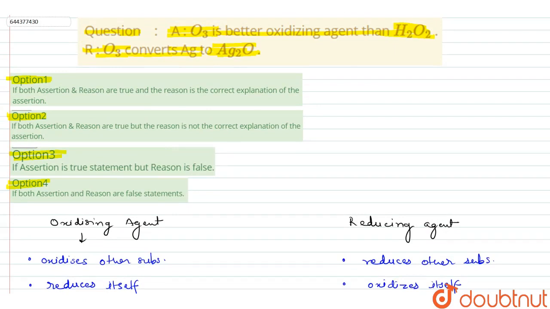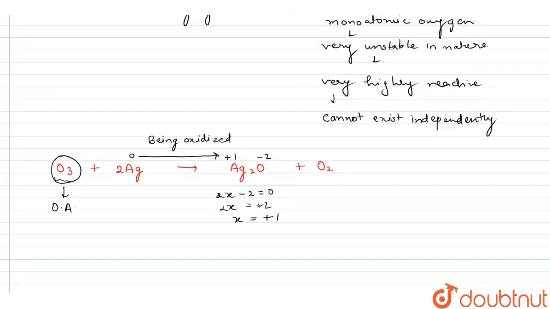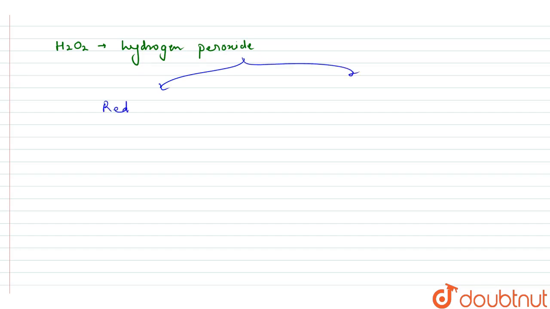Now we also have to talk about H2O2, that is hydrogen peroxide. Hydrogen peroxide acts as both a reducing agent and an oxidizing agent, depending upon the reaction and conditions.